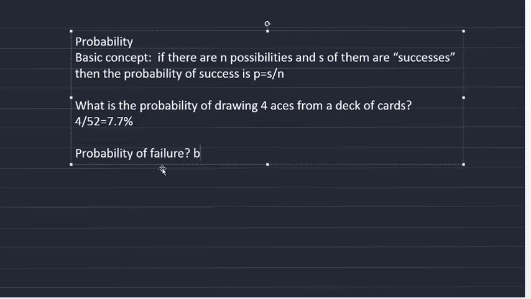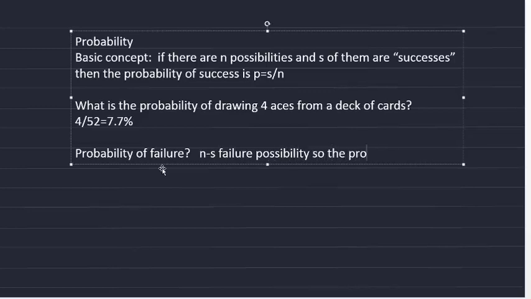If there are s possible successes, then there must be n minus s failure possibilities.